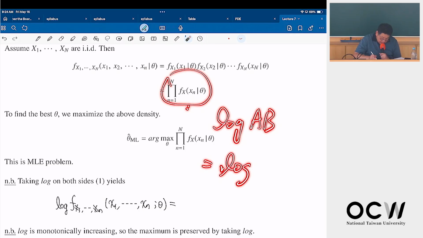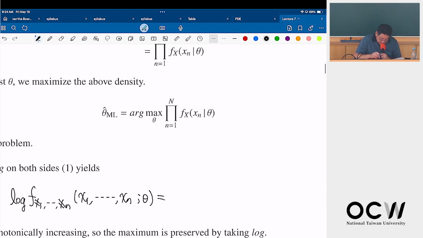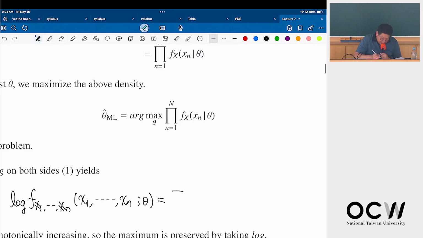Log A plus log B. So the right-hand side is the summation; the multiplication becomes the summation, n from 1 to capital N, of log f of x_n of theta.